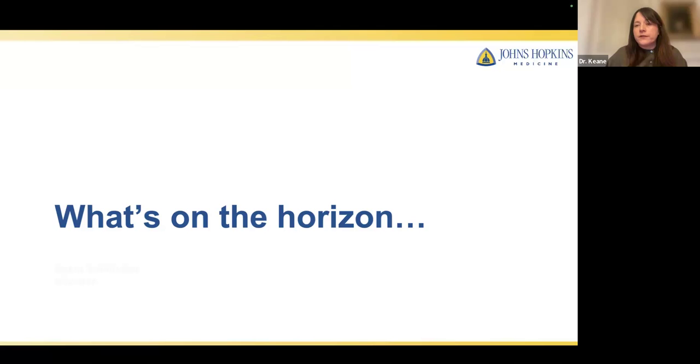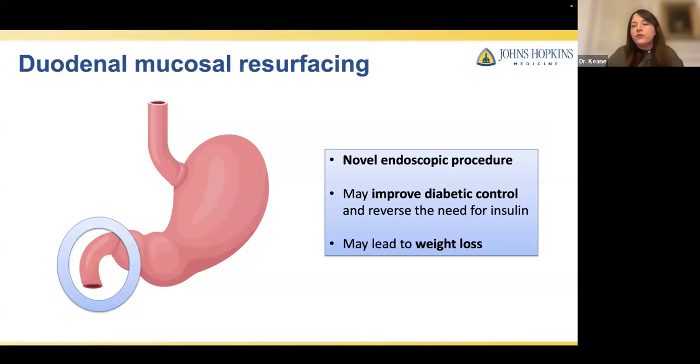Now, what's on the horizon? The great thing about being in endobariatrics is there's always new devices and exciting therapies coming online. And at Hopkins, we want to be at the forefront of that every time. One exciting therapy that's out there is duodenal mucosal resurfacing, a novel procedure that treats the duodenal mucosa with either heat or electrical pulses, which allows you to improve your diabetic control.